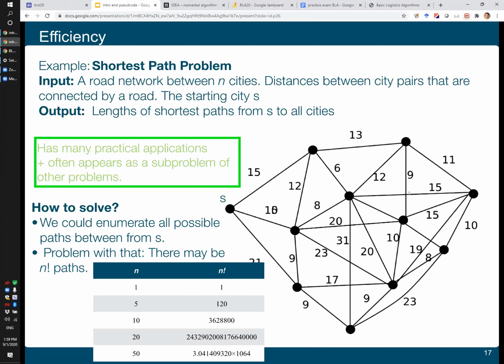There are various ways in which you can solve this problem. In particular, you can go through all possible permutations of the nodes: you start from this one, go to this, go to this, and so on, or maybe go to this, then to this. So try all possible permutations, but there are too many possible paths, too many permutations.